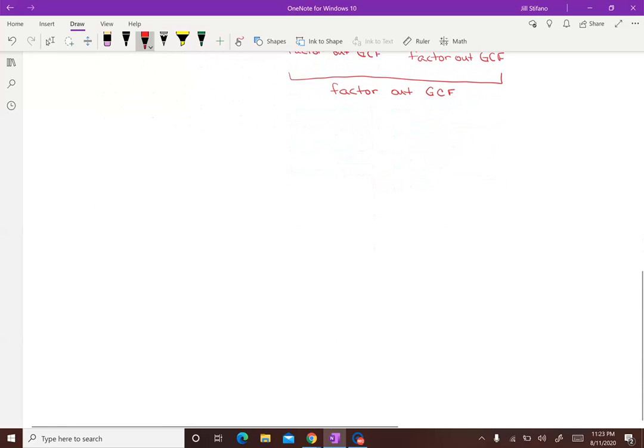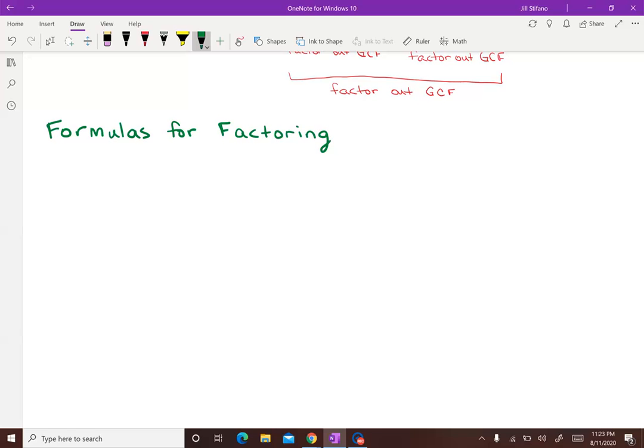Finally, let's talk about some formulas for factoring. There are some special cases that come up, and it doesn't require much thought beyond recognizing that you're in this special case. Once you know that, you can follow these formulas to factor. The first one is when we're in the case of a perfect square trinomial.